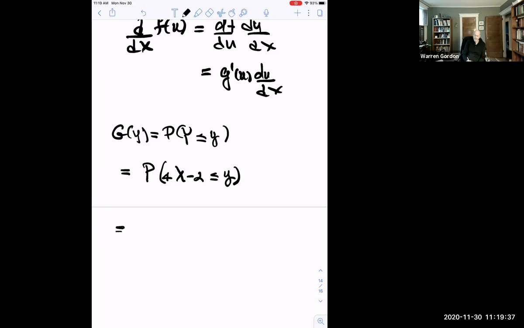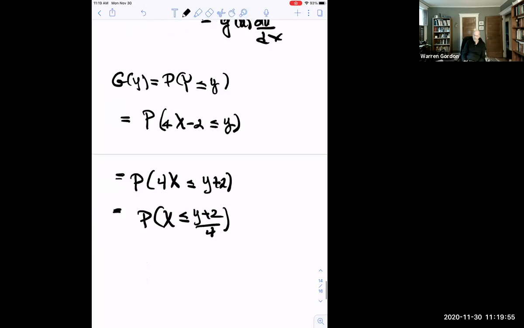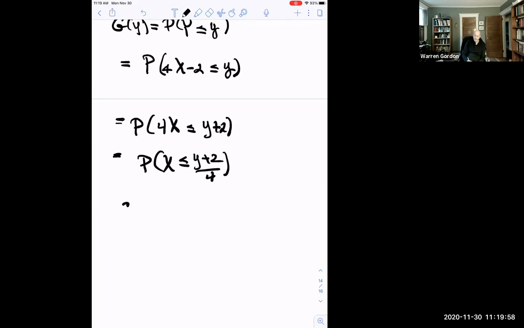So I can rewrite this as P of 4x less than or equal to y plus 2, or P of x is less than or equal to y plus 2 over 4. So I have that g of y is equal to P of x less than or equal to y plus 2 over 4.